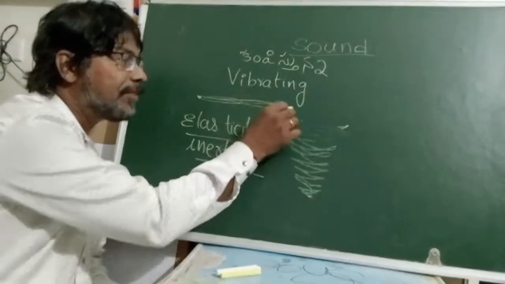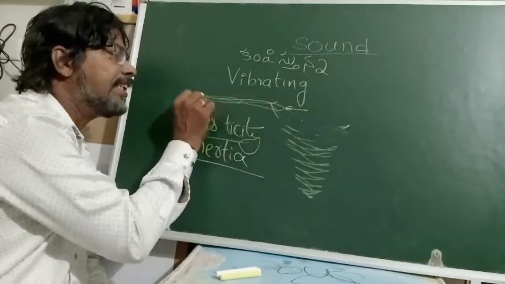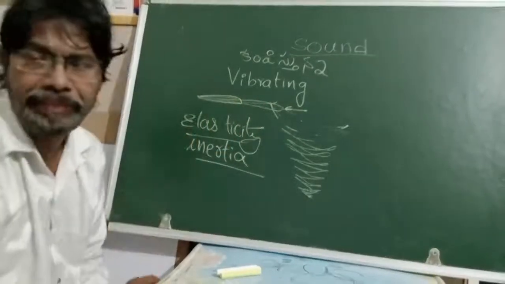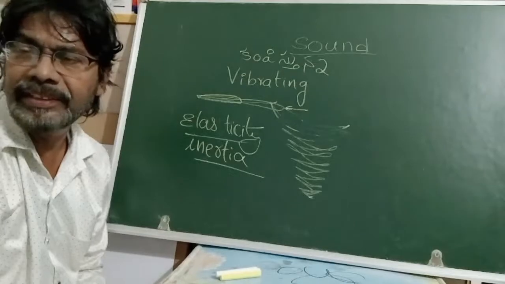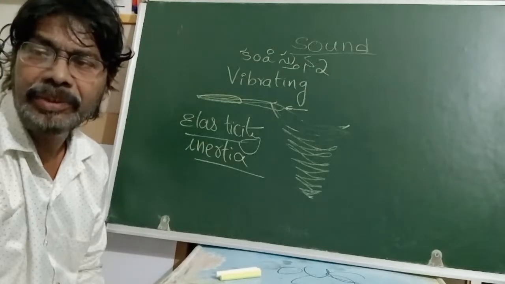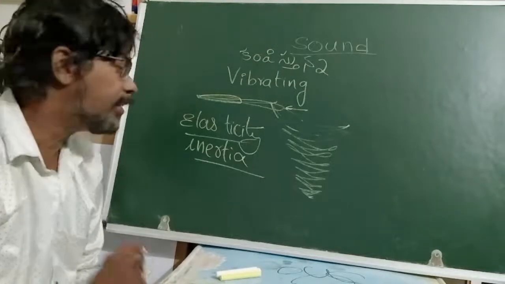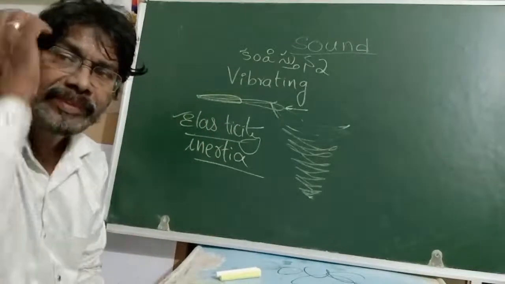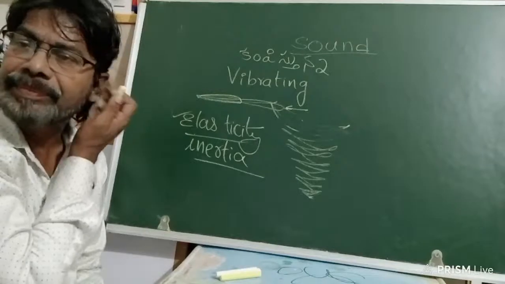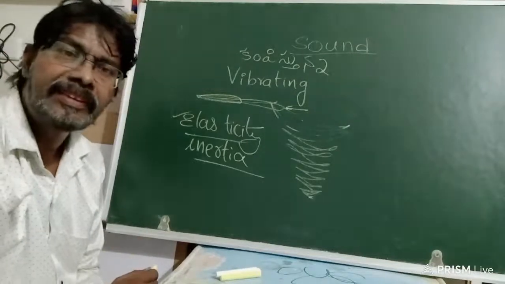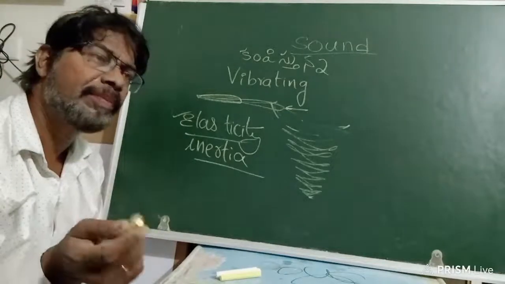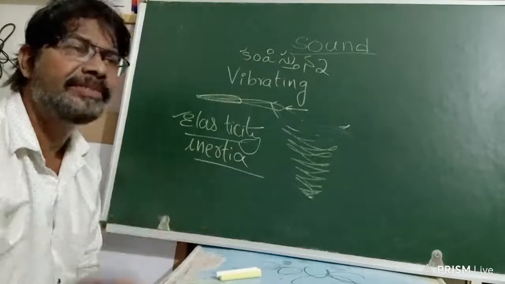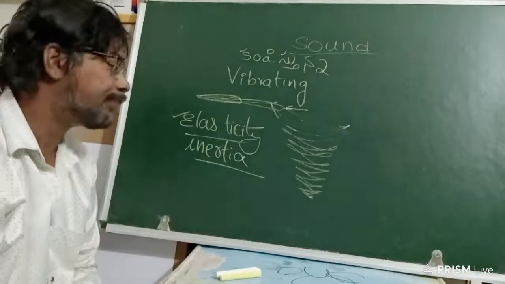If you release the force, suddenly it regains again its shape and particles get into their position. So this is called elastic property. And rubber is having elastic property, and every substance has elastic property, to some extent or more.